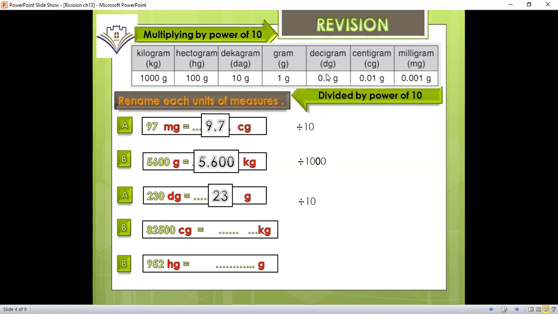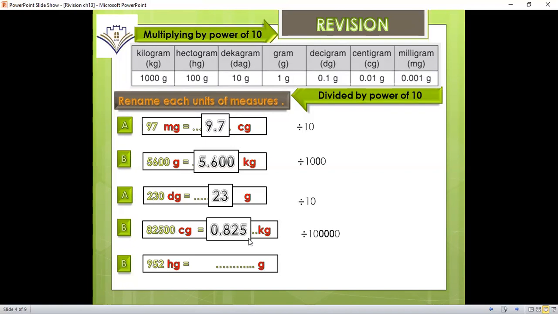Again, 1, 2, 3, 4, 5, meaning divided by 100,000. Then move the decimal point how many places? 1, 2, 3, 4, 5 decimal places. Move 1, 2, 3, 4, and then 5 is here. Then 0.825.